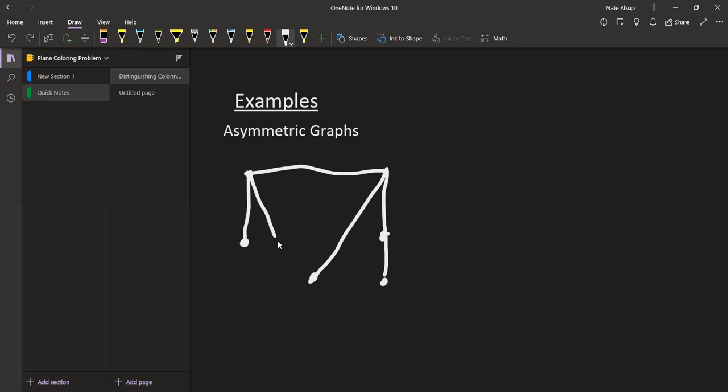All righty. Just seeing how this graph is not symmetrical at all. No way you can make it symmetric unless you add edges, like right here, if we connect that, but we're not going to. We're going to call this G.